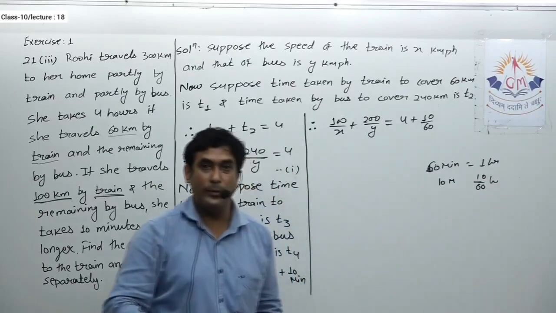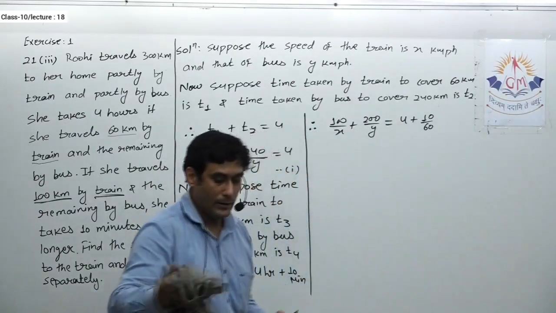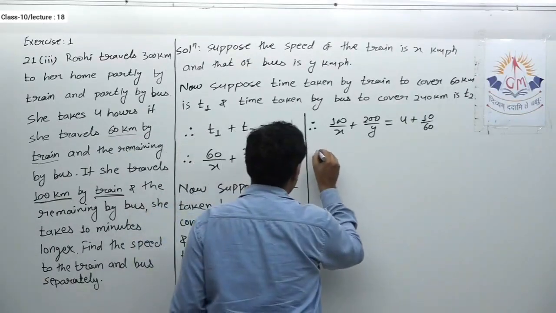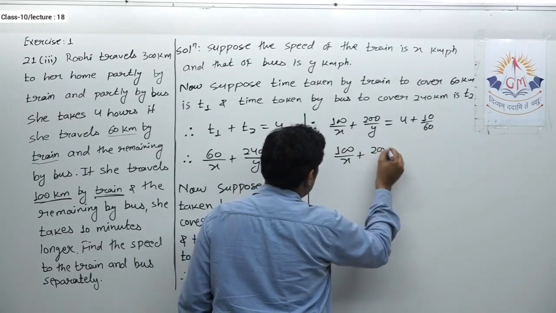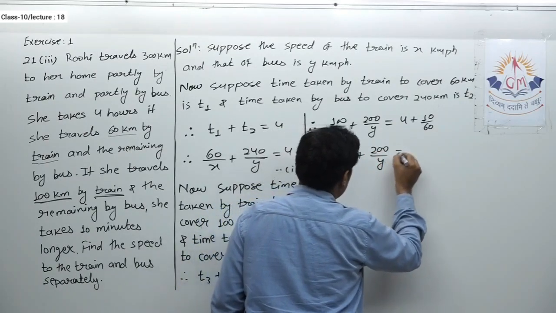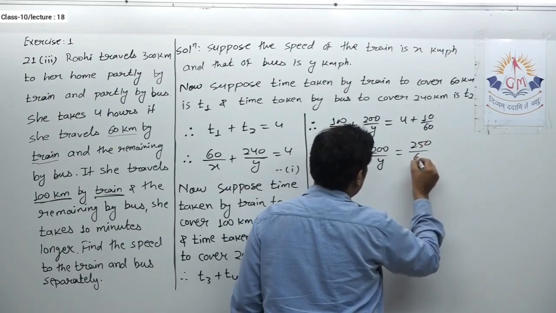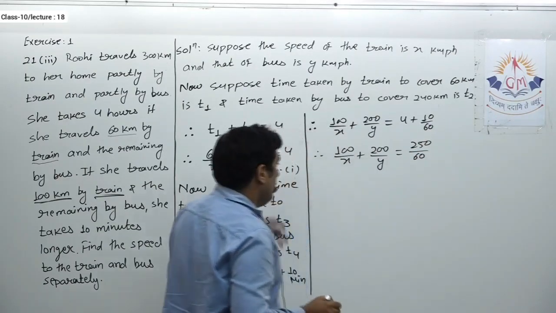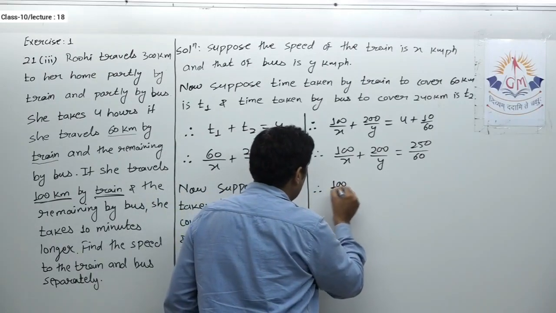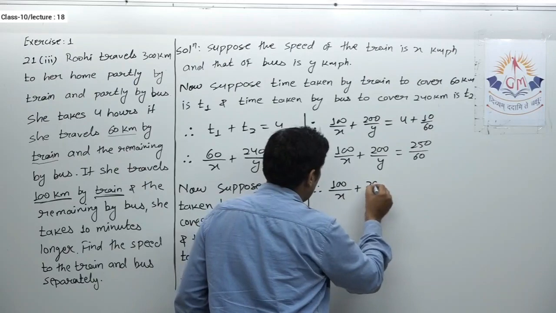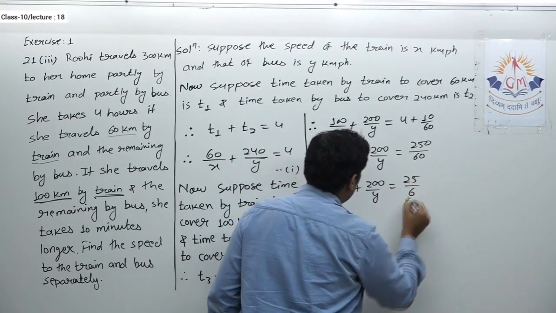We have to convert minutes into hours because we assumed speed in kilometers per hour. So 100 upon x plus 200 upon y is equal to 250 upon 60, which is 25 upon 6.